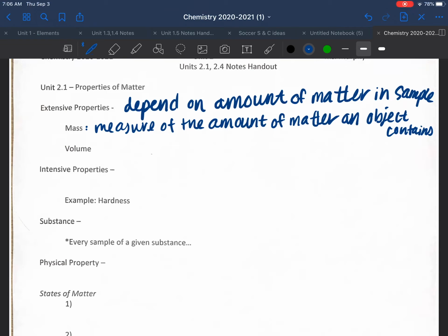And the other very super common one, which we'll talk a lot about in this class, is volume, which is the measure of space occupied by an object.